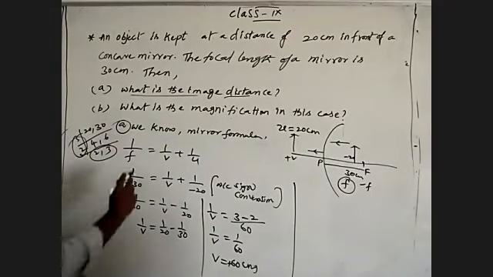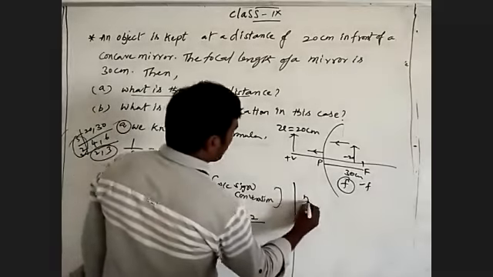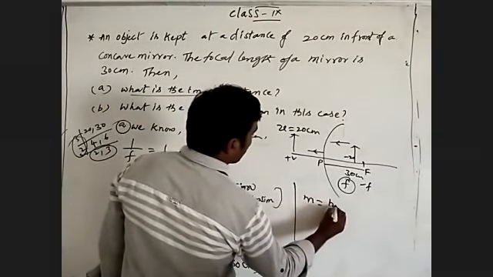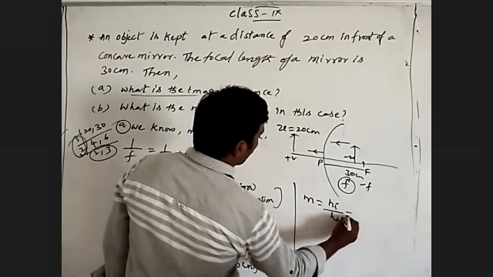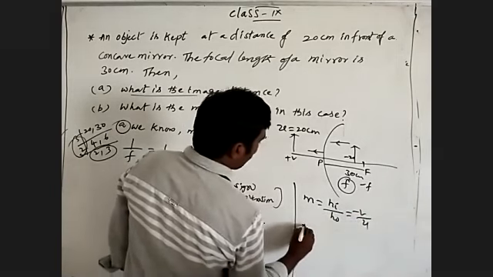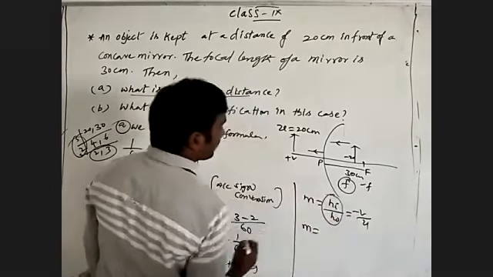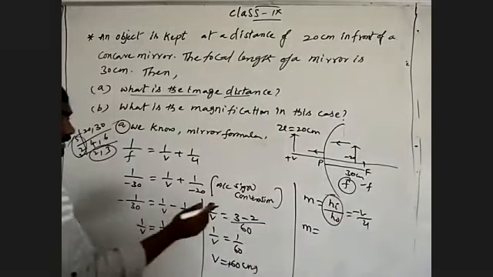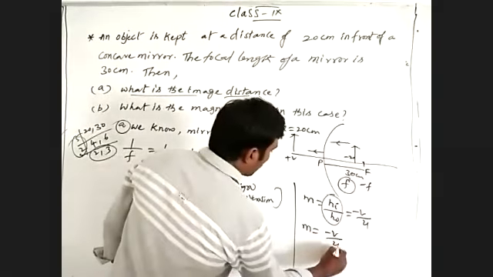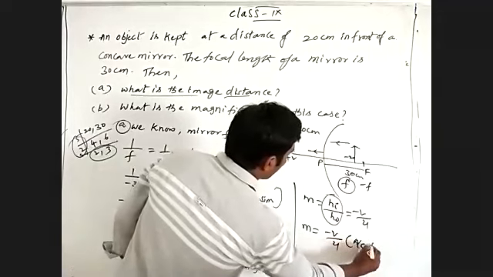Then coming to the second question: what is the magnification in this case? Magnification, Hi by H naught, is equal to minus v by u. This relation they did not give to us, so we will go with minus v by u according to sign convention.